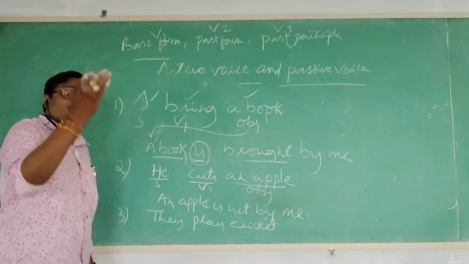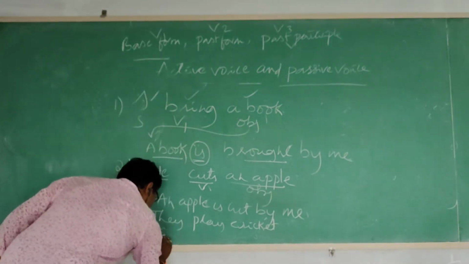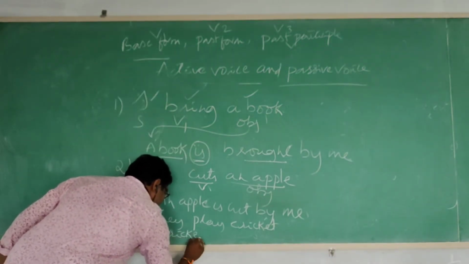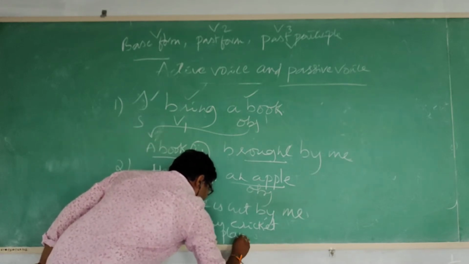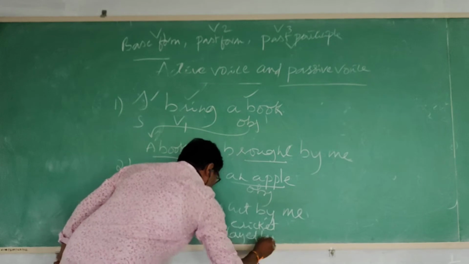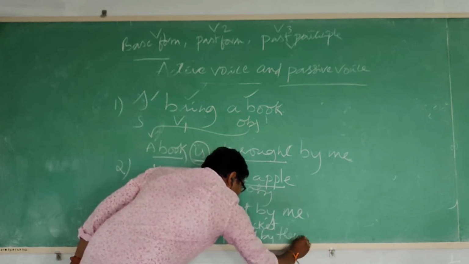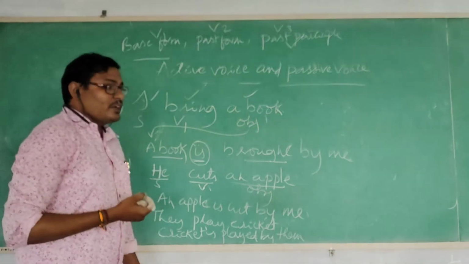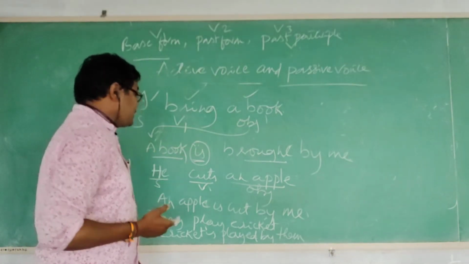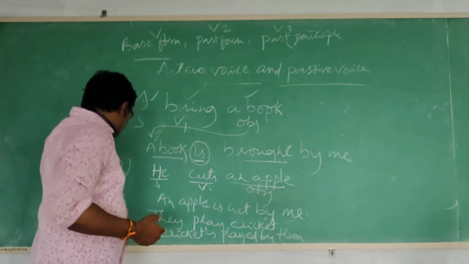So we can convert as per the rules. Cricket is played by them. Okay, this is the way how we can convert an active voice into passive voice. Now let us see some other examples.